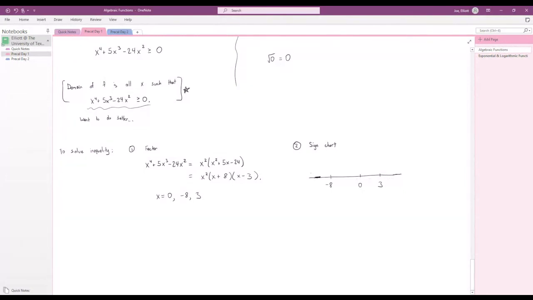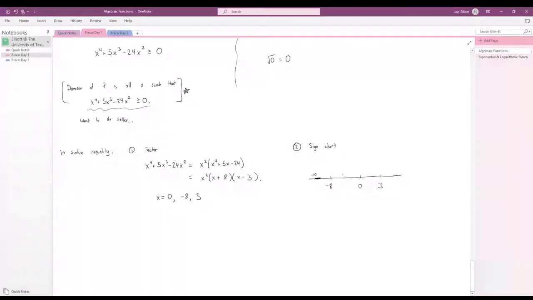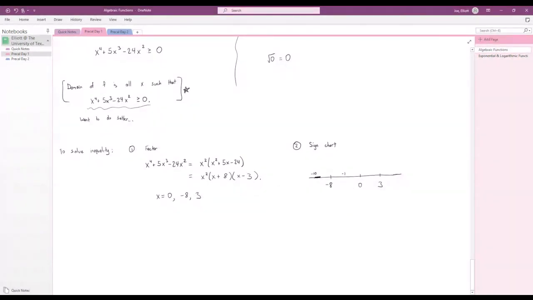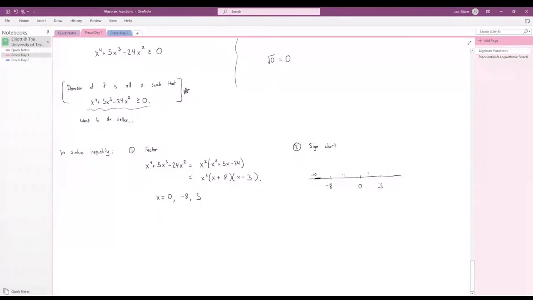If we imagine taking a number to the left of -8, any number would do. I'll pick -10. I'm also going to take a test point between -8 and 0, so maybe -1 would work. Between 0 and 3, maybe +1. And to the right of 3, a number like maybe 5.